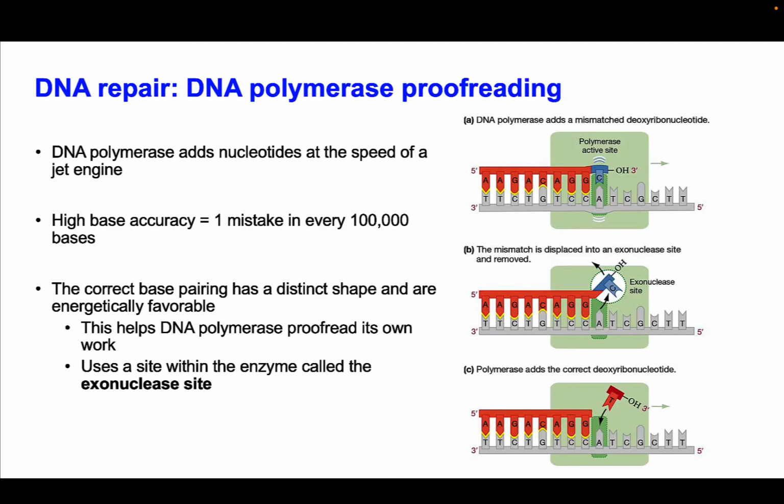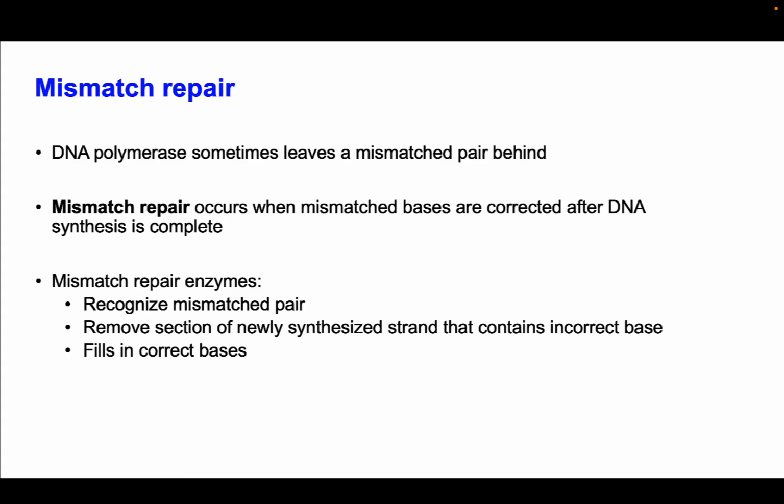So, as I mentioned, the DNA polymerase has its own proofreading activity, so that helps make sure that mistakes aren't made. But sometimes the DNA polymerase is moving really fast and mismatched pairs are left behind. So there are other enzymes in cells that can correct these mismatch sites.